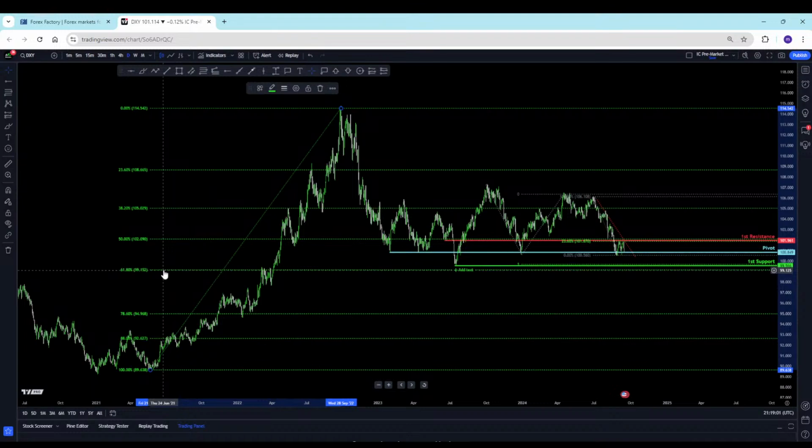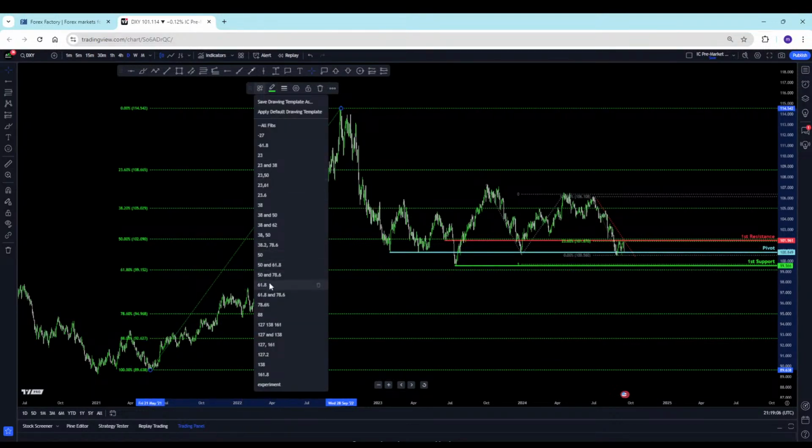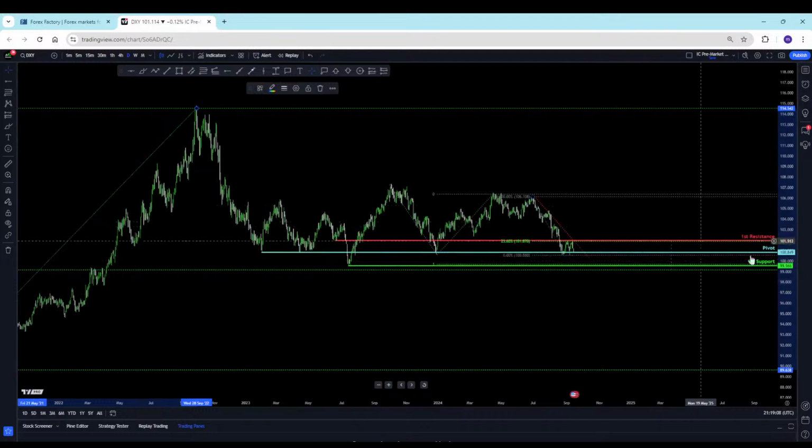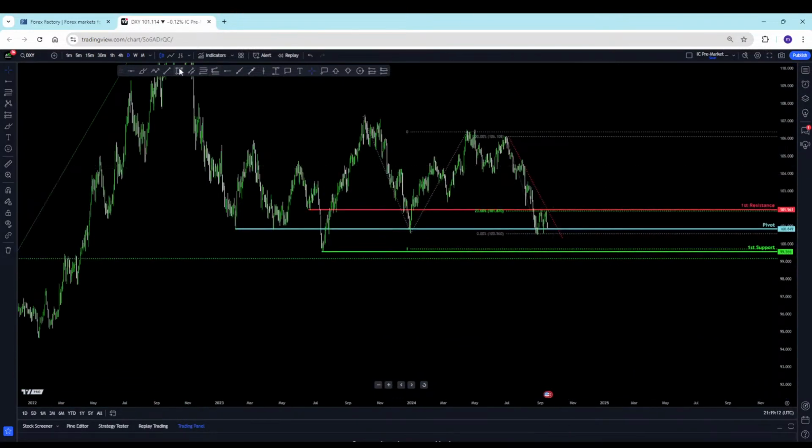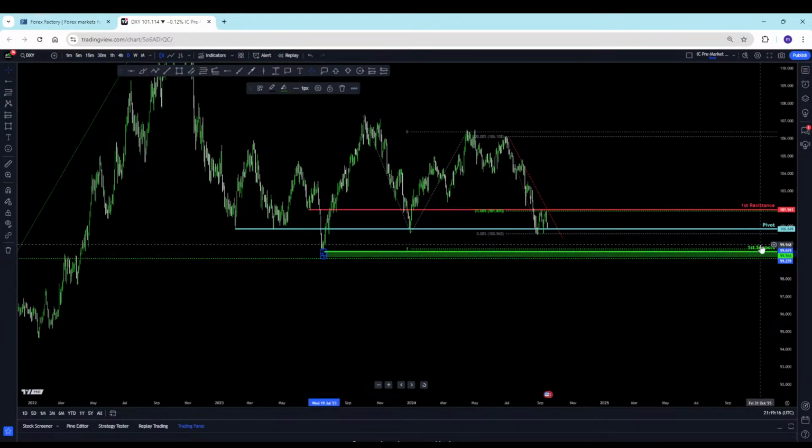Here you can see my 61.8 lines up nicely with my first support. Okay, so I am expecting prices to continue in this downtrend over here.